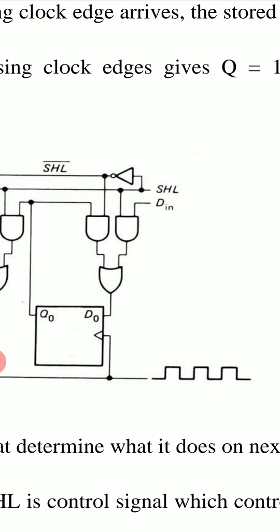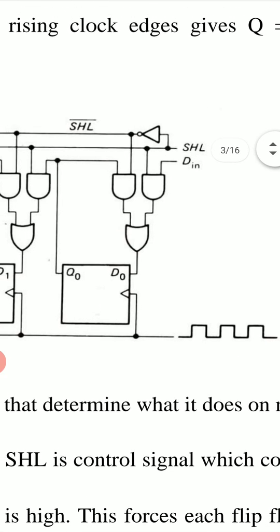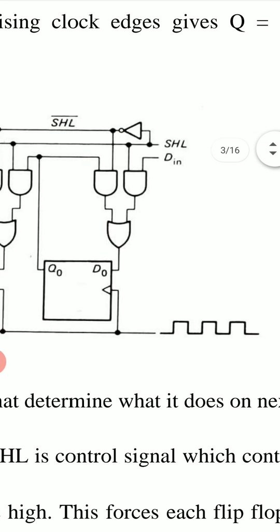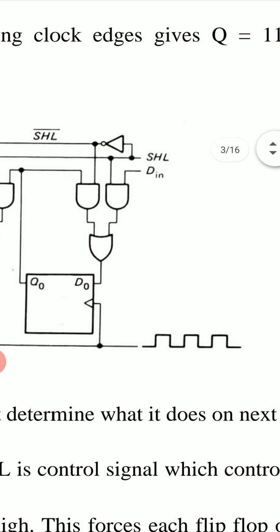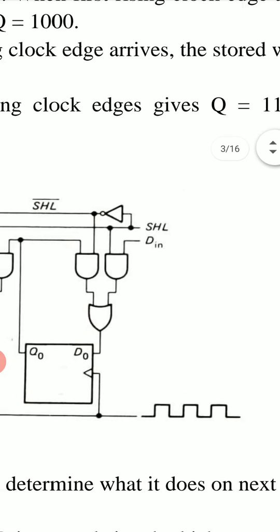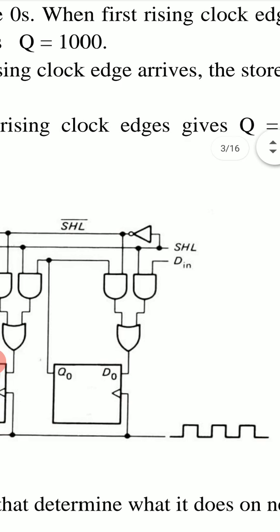And the next positive clock edge will produce Q0 equal to D0, that is equal to D in. And we see that this SHL bar goes to the input of the left AND gate. For the left AND gate, inputs are SHL bar and Q0, that is the output of this D flip-flop.